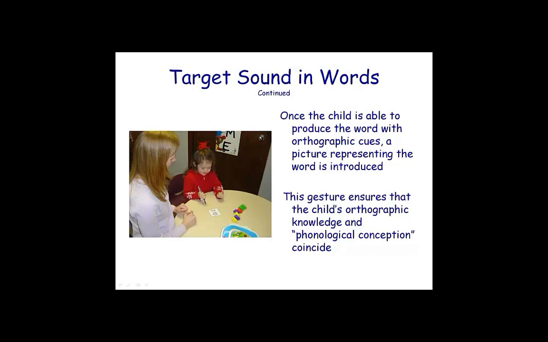It's that aha moment of, "Oh, it's a car." They very much get it at that point of why mom and dad for so many years have been saying, "Say car, you can say car for me." That orthographic knowledge, that print knowledge has come together with that phonological knowledge.